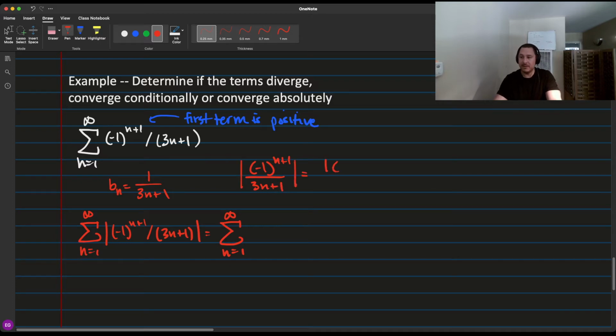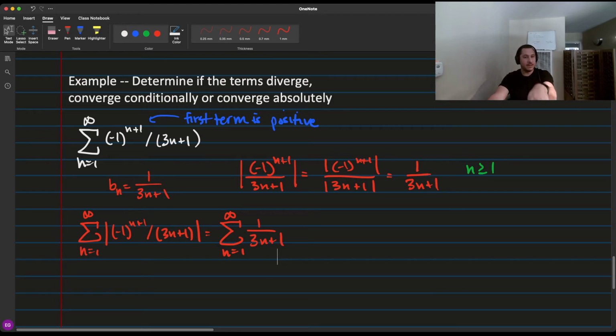Remember, you could do the absolute value of the top divided by the absolute value of the bottom. The absolute value of -1 to some power will just be 1. And because n is always bigger than 1, 3n plus 1 is always going to be positive, so the absolute value of 3n plus 1 is just 3n plus 1. So we're really interested in, does this converge? That is the sum of the absolute value of the terms.